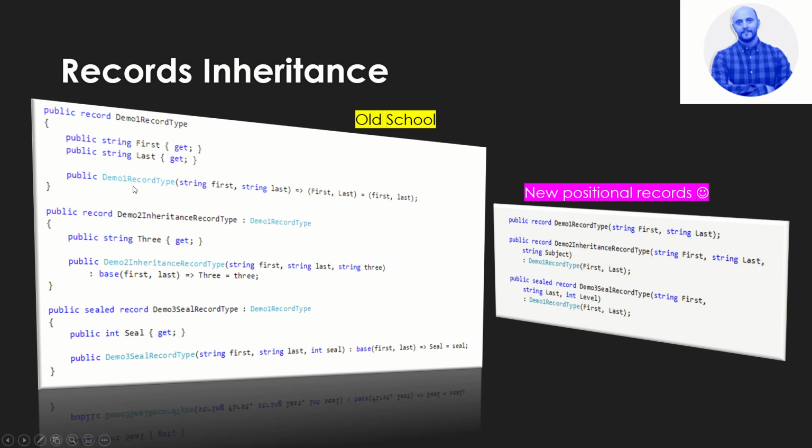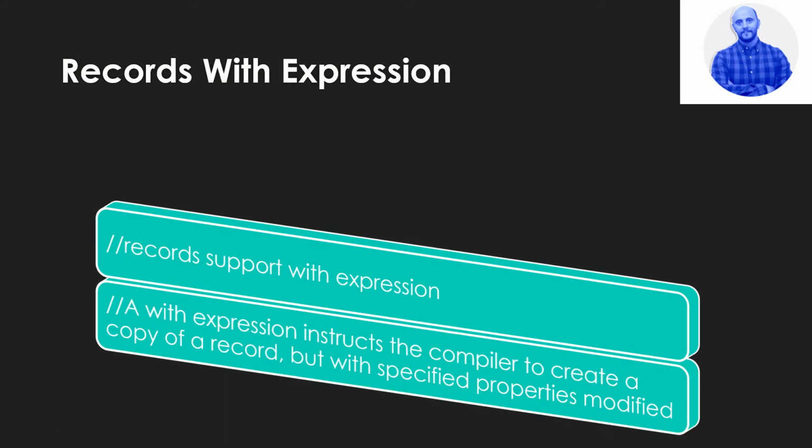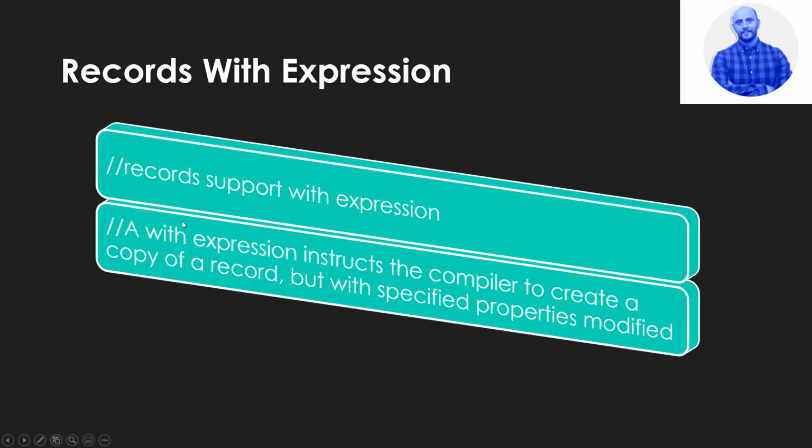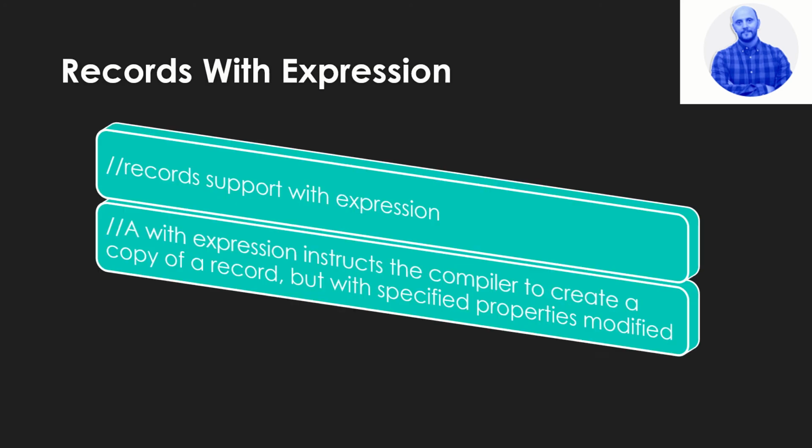If you want to make this old school inheritance, but if you see here it is more readable and cleaner code, and of course using the init setters. Records permit expansion. What is expansion? It's to create copies of the record, but with specific properties modified.